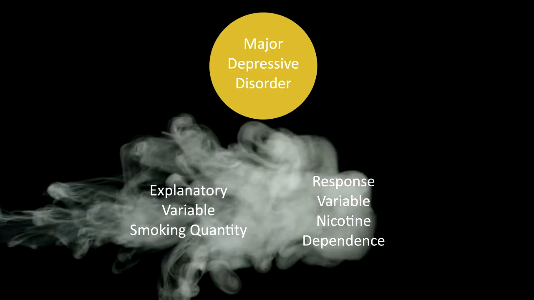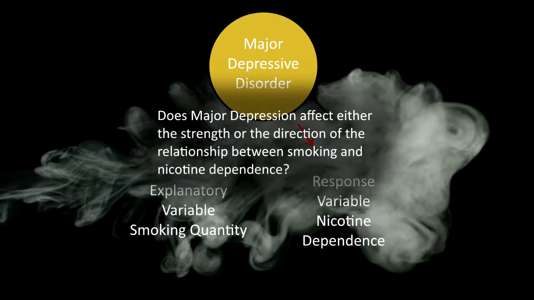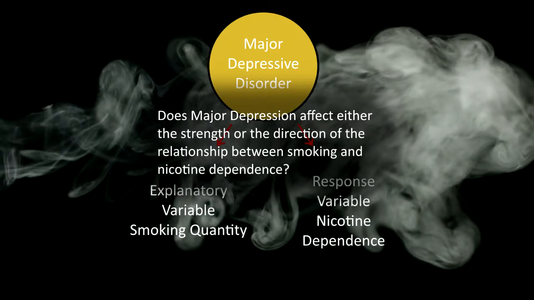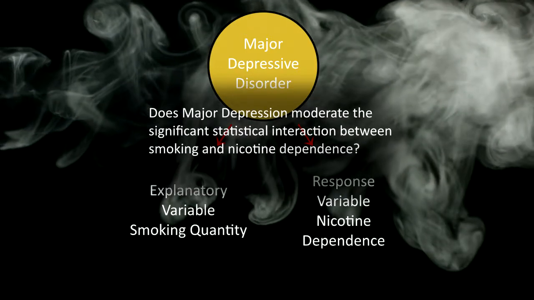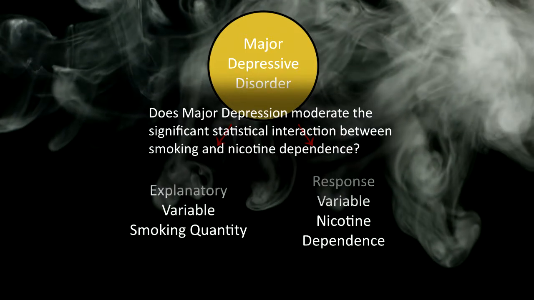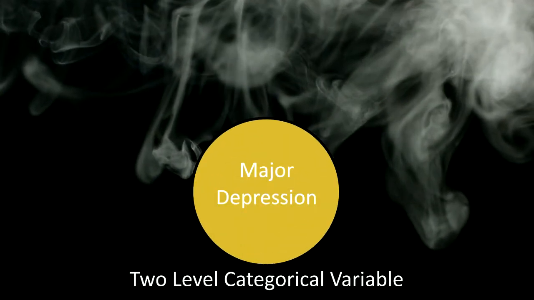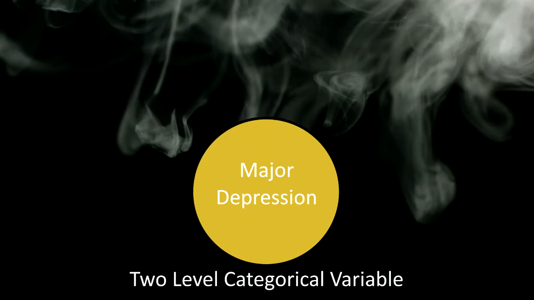Our question will be, does major depression affect either the strength or the direction of the relationship between smoking and nicotine dependence? Put another way, might a third variable moderate the relationship between smoking and nicotine dependence? Is smoking related to nicotine dependence for each level of this third variable? That is, for those with major depression and for those without major depression.